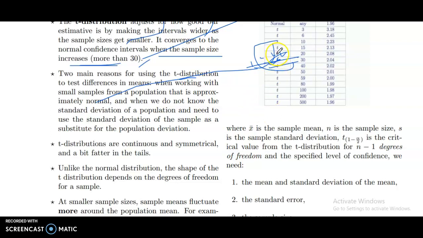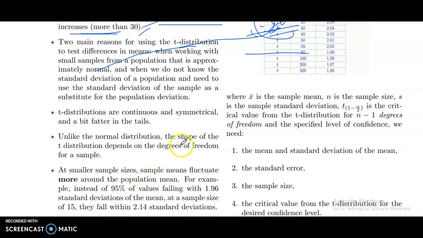T distributions are continuous and symmetrical and a bit fatter in the tails. Unlike the normal distribution, the shape of the t distribution depends on the degrees of freedom for the sample.